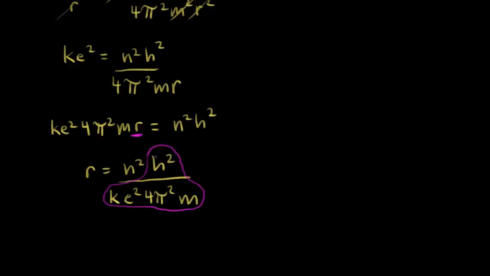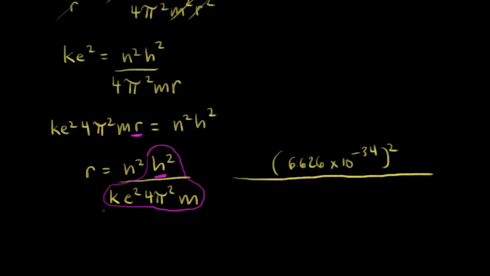Next we're going to take all of this and plug in what those numbers are. For example, h is Planck's constant, so we know what that is: 6.626 times 10 to the negative 34, and we're going to be squaring that number, over all of this. k, if you've taken physics, you know is equal to 9 times 10 to the 9th.